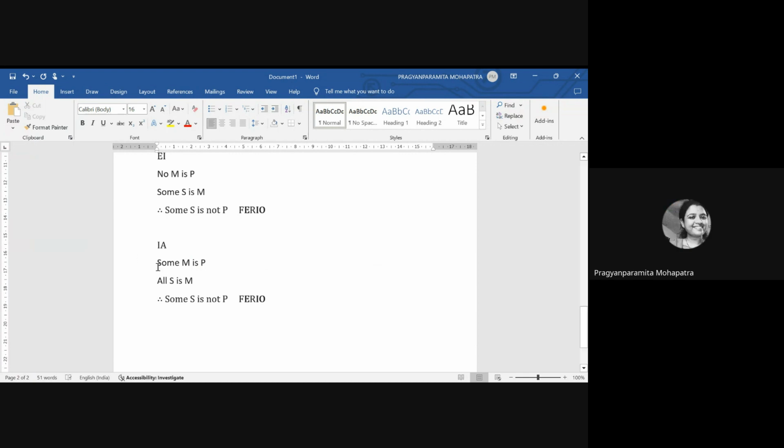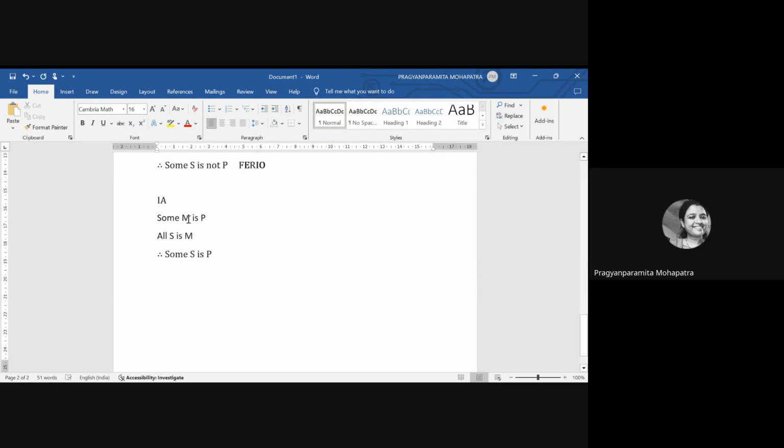So here the major premise is I, some M is P, and the minor is A, all S is M. So one of the premises is particular, the conclusion should be particular: some S is P. Now here the middle term is not distributed.